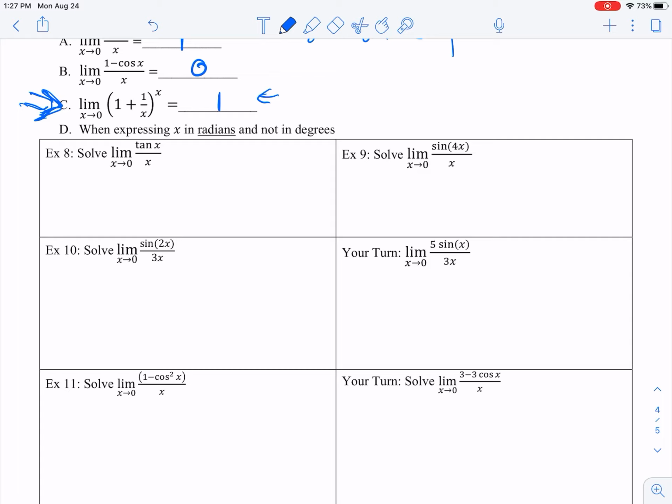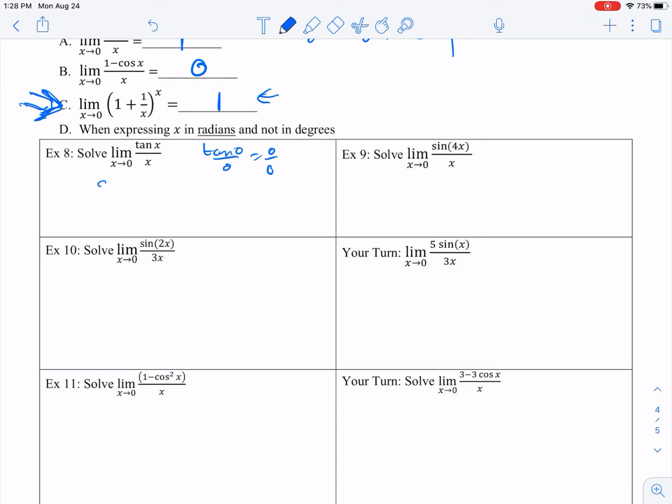Plug in 0, you get the tangent at 0 over 0, you get 0 over 0. In this case, I'm going to use my trig identities. Those of you that didn't pay attention in pre-calc class, now's the time, learn your identities.